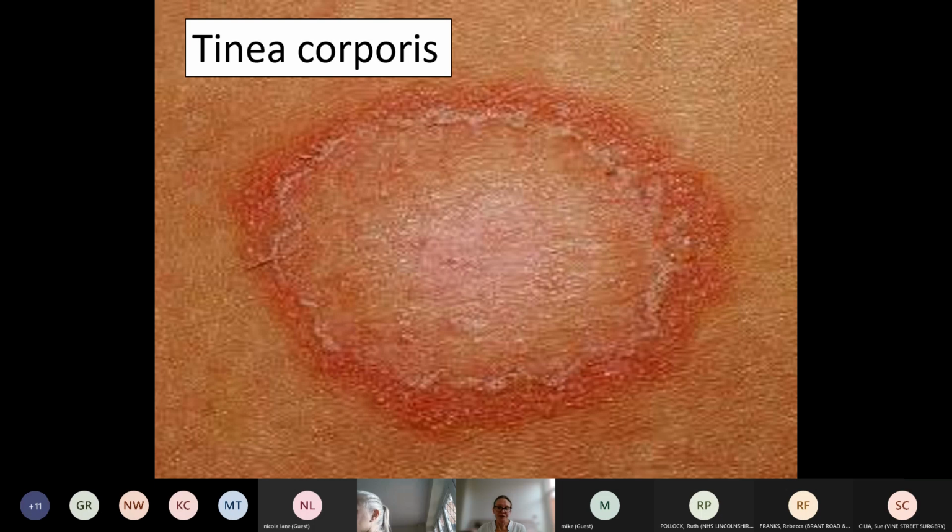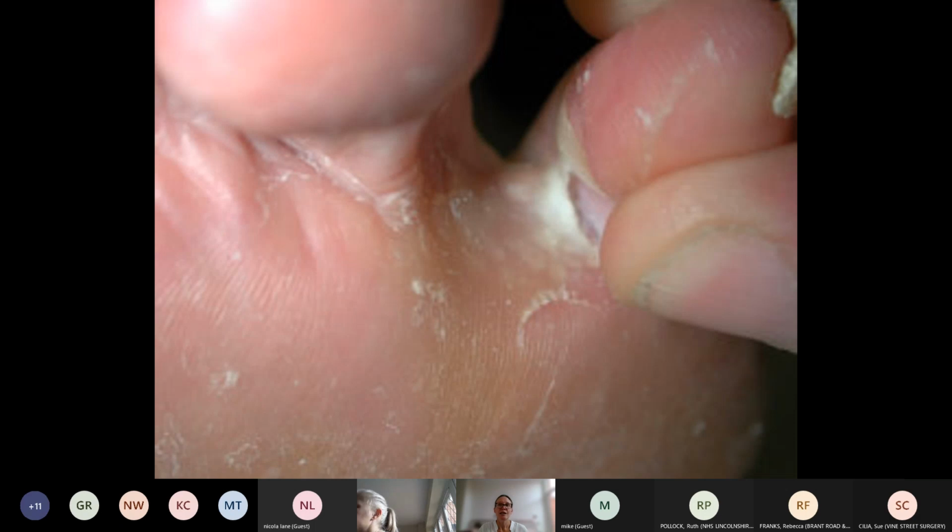And what tends to happen is you get a little scaly patch and it grows bigger and the middle heals, and that's why you get that accentuated border. The other thing that's important when you see somebody and you think it might be a fungal rash is to have a look at the feet.